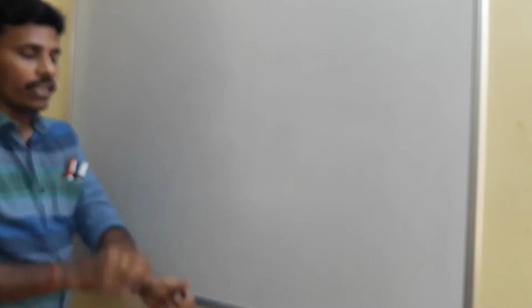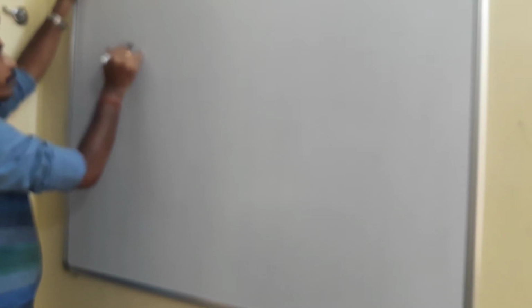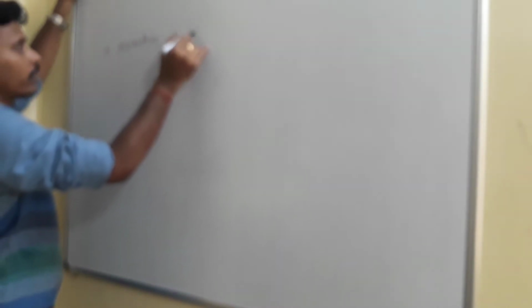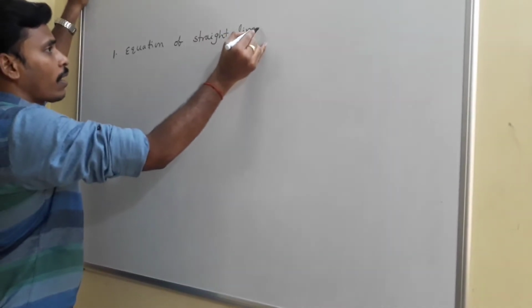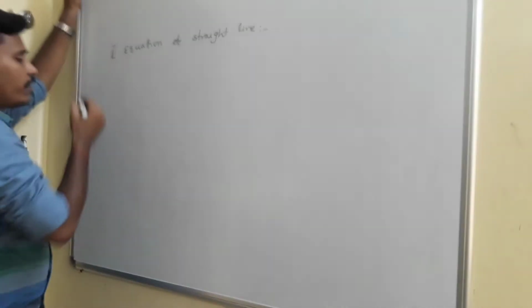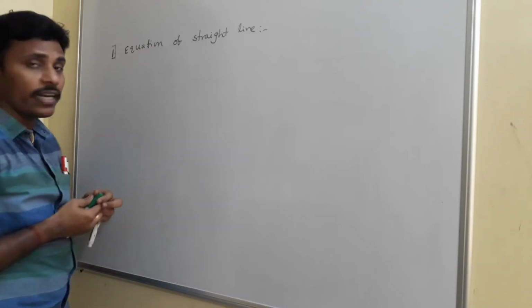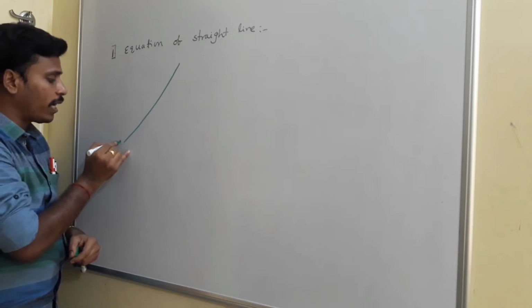So from there onwards we are moving with straight lines. In the last class we concluded the slope, so you just take everything point-wise. The first point is the equation of the straight line. Now to find this equation of a straight line, what are the given parameters? We are going to find the equation of a line, and what are the known parameters related to the particular straight line? Suppose this is my straight line.